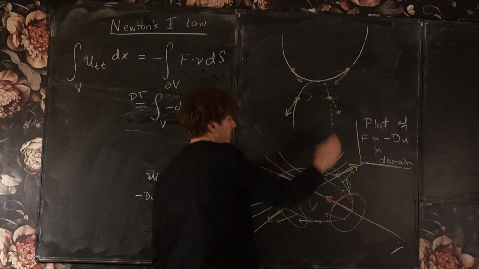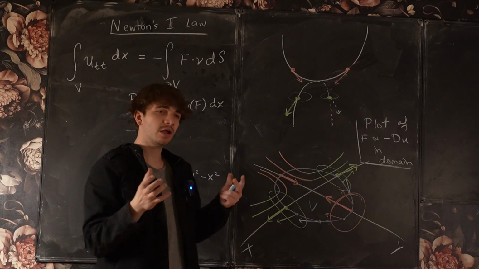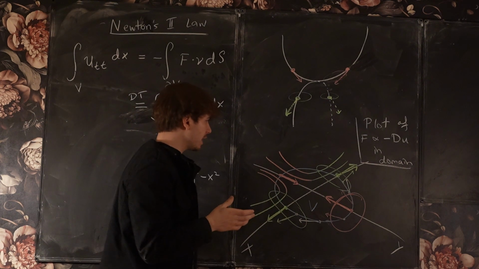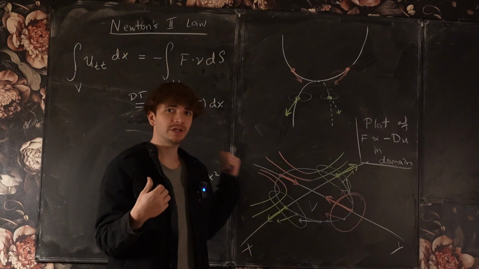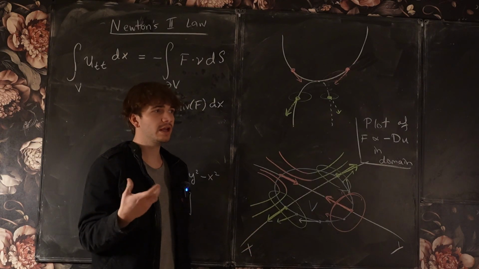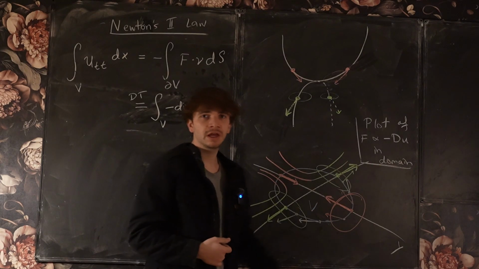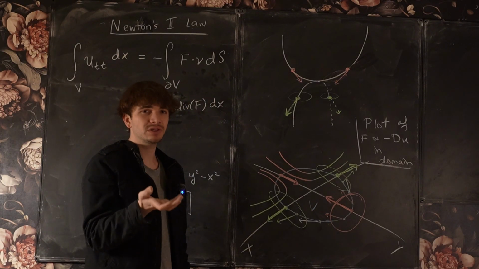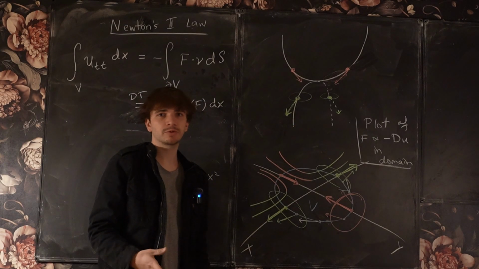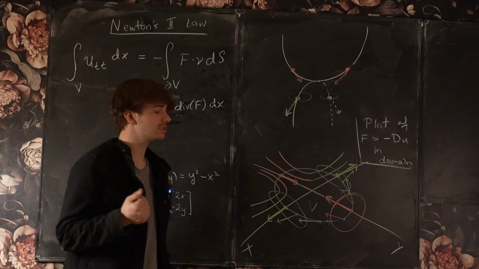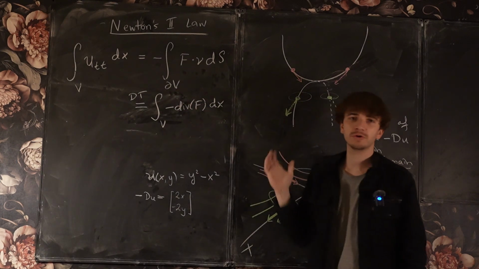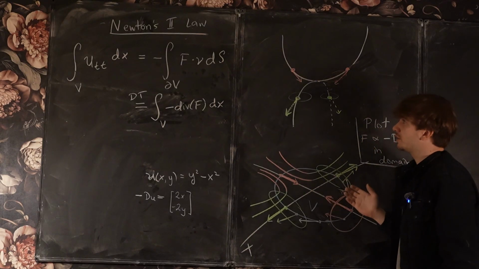And similarly, in these regions in red here, if we had a convex paraboloid, then we would expect, as we saw in the previous example, that the net inward flux is going to be positive, and that's going to produce a positive acceleration, which will lift the origin and the region near the origin of the convex paraboloid in the positive direction. So we can see now how the net inward flux of this force field is related to the acceleration of the region.